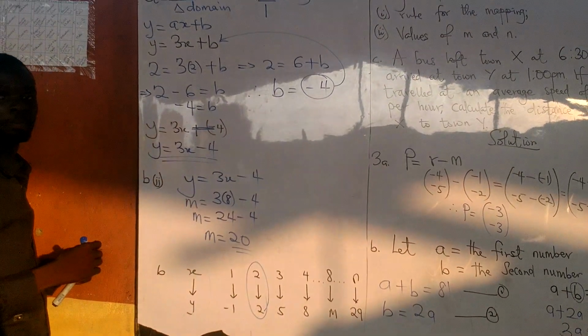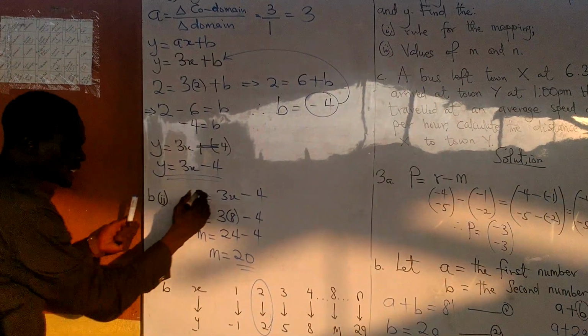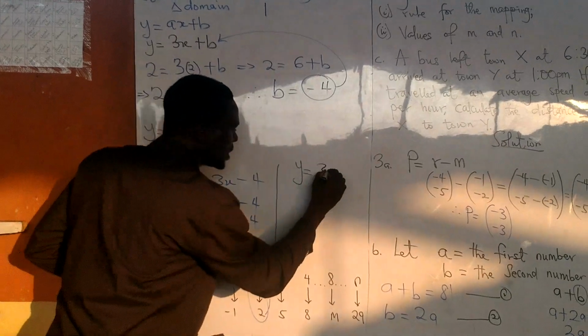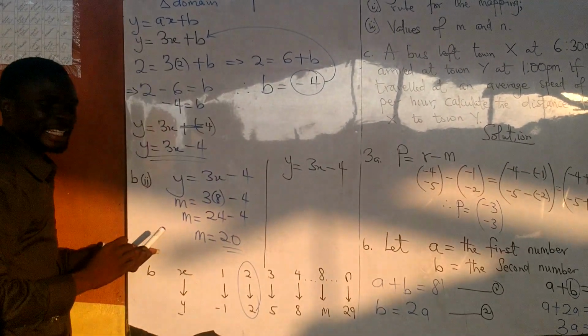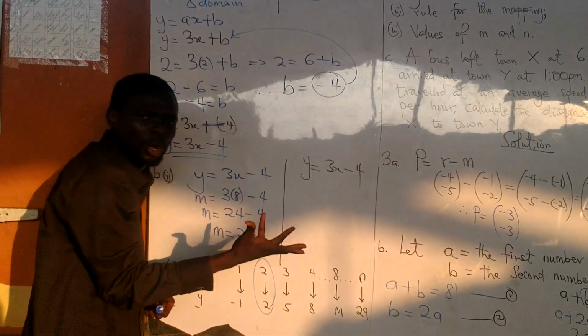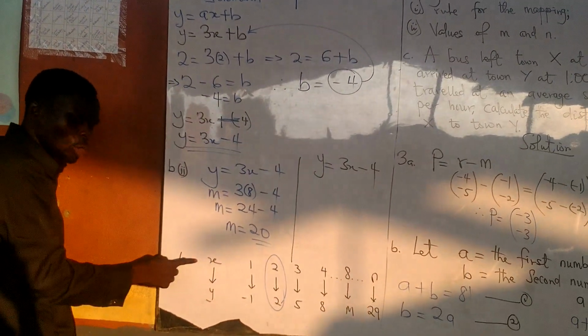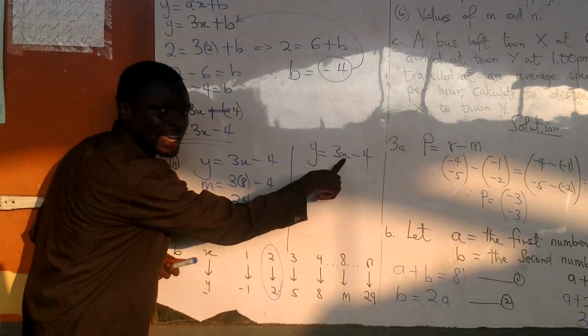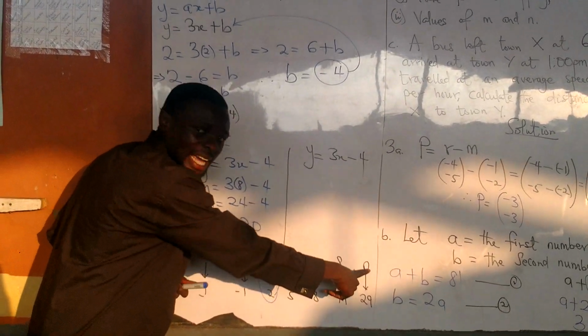We solved for m with the same rule, which is y is equal to 3x minus 4. But this time, we are going to solve for n. And where does n belong? n belongs to the domain, which is the x value. So in place of x, we are going to put n there.